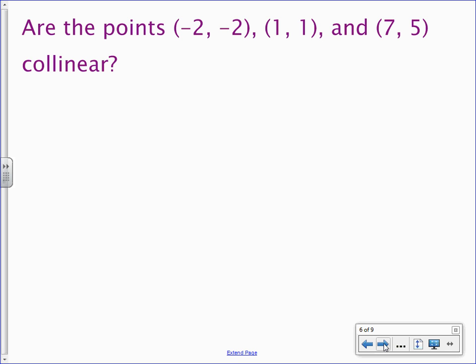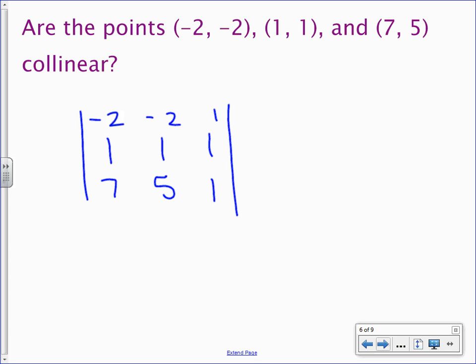Okay, so we have -2, 1, 1, and 7, 5. Okay, so here's that determinant with our coordinates.